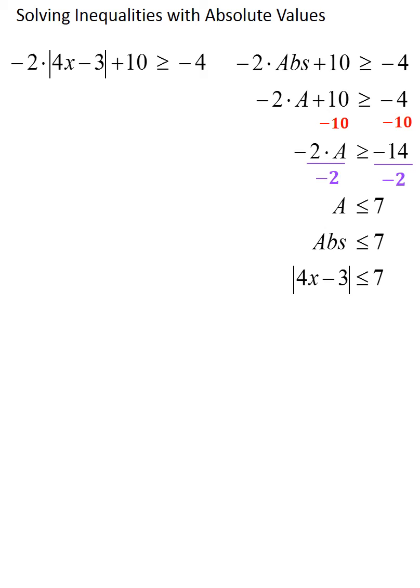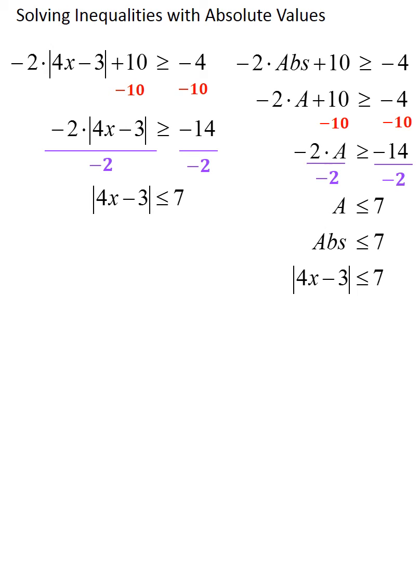By the way, you may not prefer to write ABS or A in the way that I've done here, and you don't have to. The same algebra that I did to isolate A, I could do directly to the original inequality. So let's say I subtracted 10 from both sides, and then to isolate the absolute value, suppose I divided.